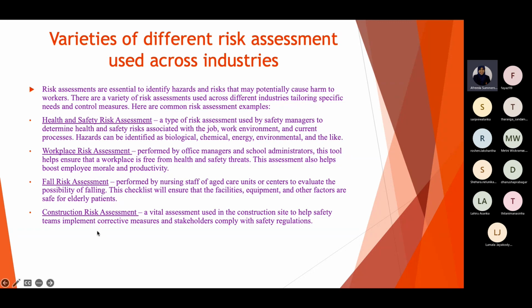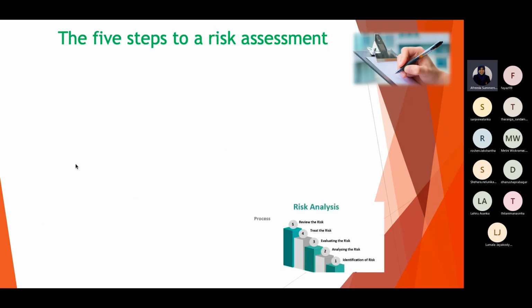And construction risk assessment is something we see mainly on the roads, or even in your workplace. If a construction of a building is going on, then that is a construction risk assessment. So again, direct meanings, but you need to know how they differ. You need to know the different types of risk assessment used across industries.